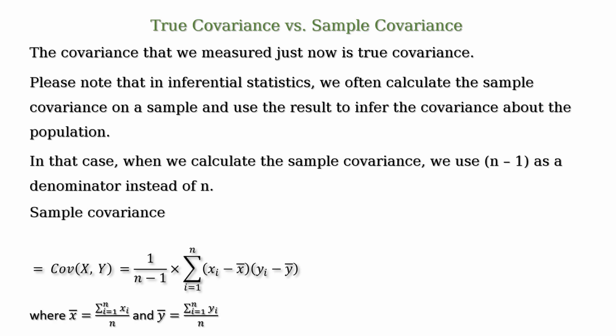So, for sample covariance, covariance of x and y is equal to 1 by n-1 into summation from i equal to 1 to n xi minus x bar into yi minus y bar, where x bar is equal to summation from i equal to 1 to n xi by n, and y bar is equal to summation from i equal to 1 to n yi by n.